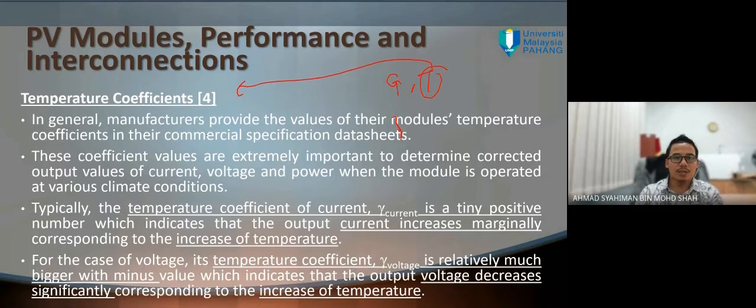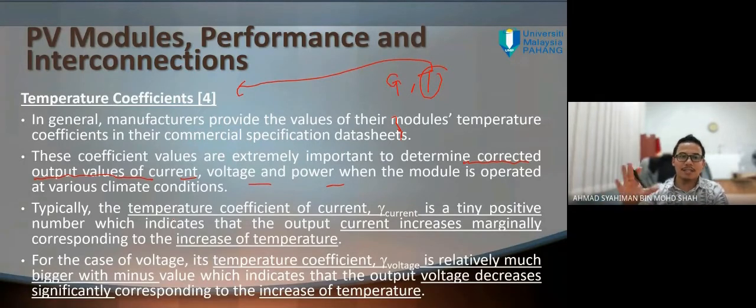So these coefficient values are extremely important to determine corrected output values. Ada term baru ini. Corrected output values of current, voltage and power when the module is operated at various climate conditions. I mentioned just now, in that datasheet they give you the STC value.